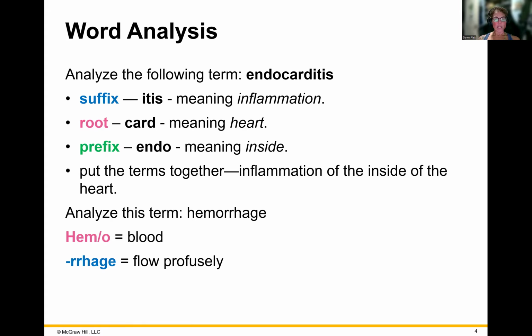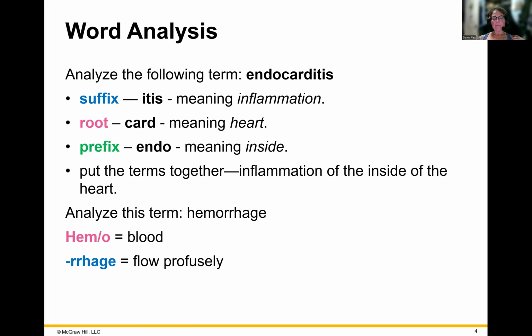We have hemorrhage. So hemorrhage has only a combining form, which has the root word and the vowel, and a suffix. So when we look at it, we're still going to go with the suffix first. You're going to read that suffix first. We're going to identify it first, and that means flow profusely. So rage means flow profusely.